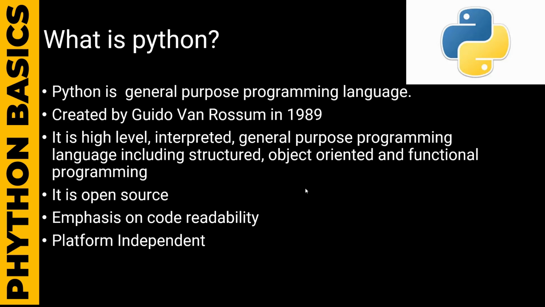It emphasizes code readability. Basically, it is very easy to learn, and while looking at the code itself, you can see what it means to say or how the code works. It is platform independent, so it can be used on Windows, Mac, Linux, or even in IoT devices also.